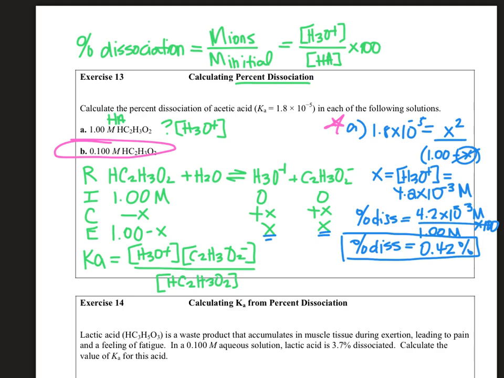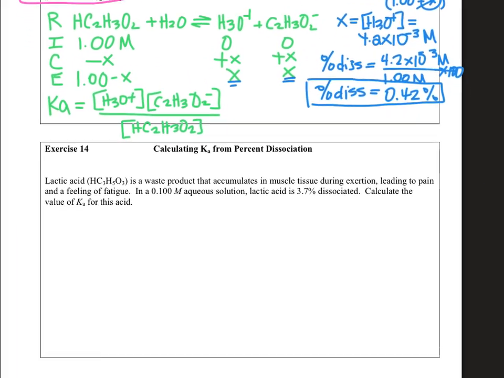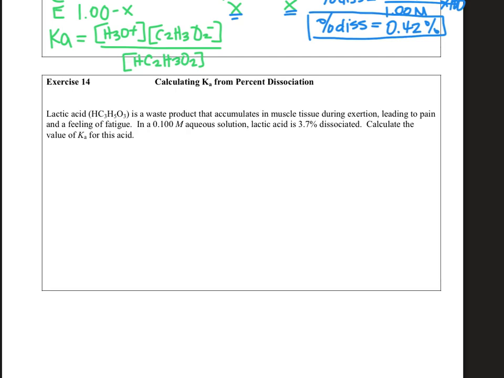Then question 14 has you, again, calculating the percent dissociation, but it's going the other way. It's giving you the percent dissociation, and it wants you to calculate the value of Ka. I'm not going to do this one for you because I want you to do it yourself. It's the same thing we just did, but we're working backwards instead. So I'll give you a little hint.